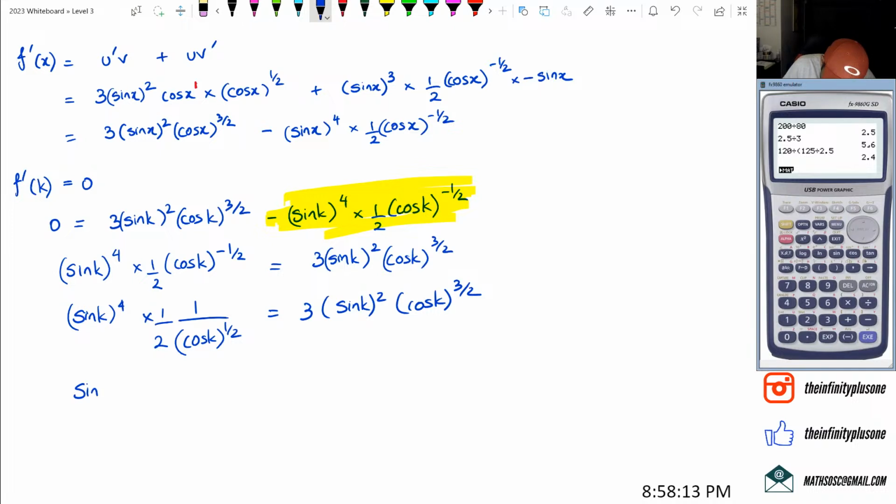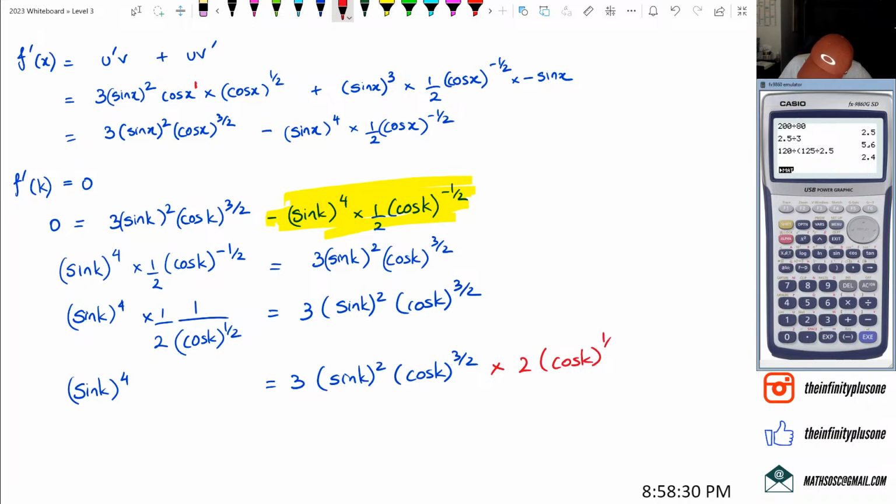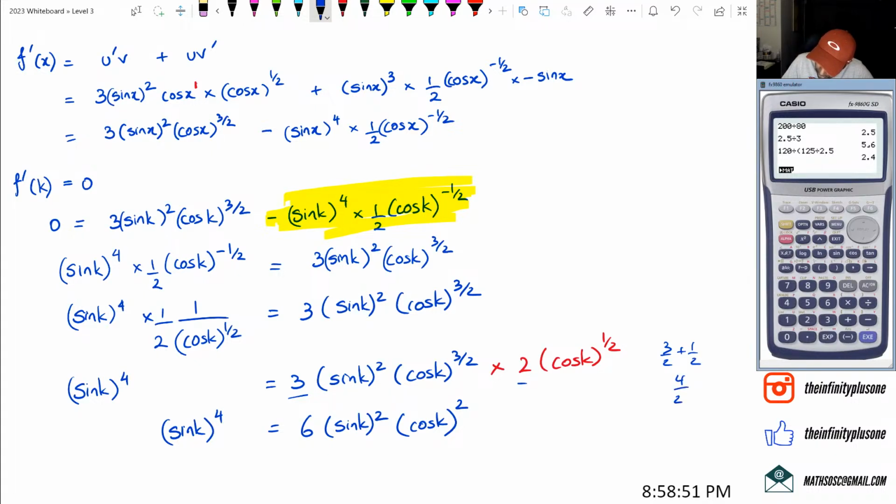Next, sine k to the power of 4 is equal to 3 sine k squared cos k to the power of 3 over 2 multiplied by 2 cos k to the power of half. What I've got is sine k to the power of 4. 3 times 2 is 6, so I've got 6 sine k squared. Now for cos k, 3 over 2 plus 1 over 2 is 4 over 2, which equals 2.